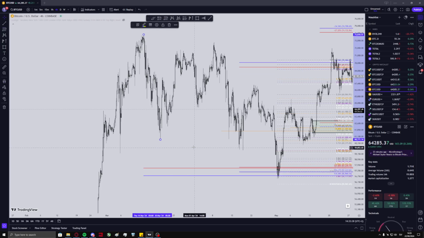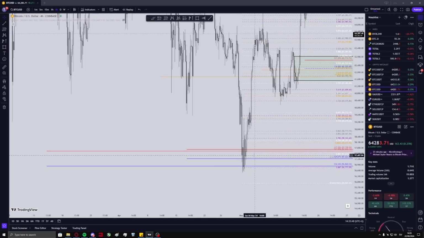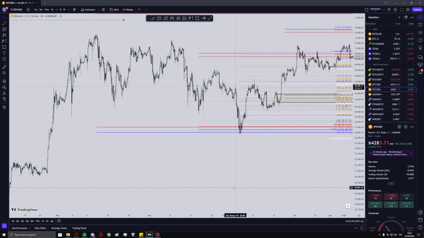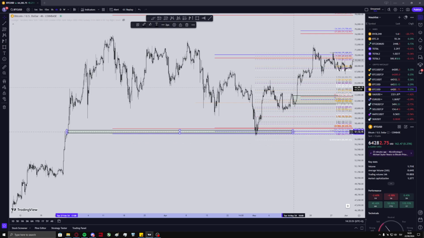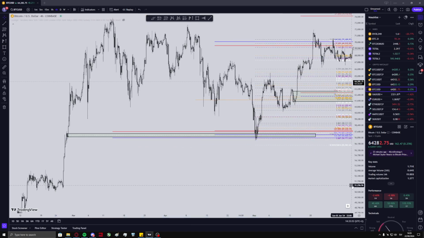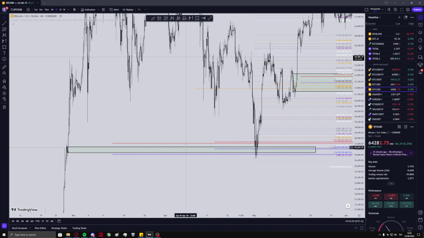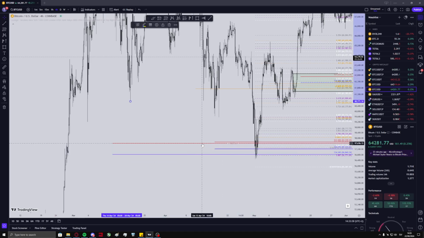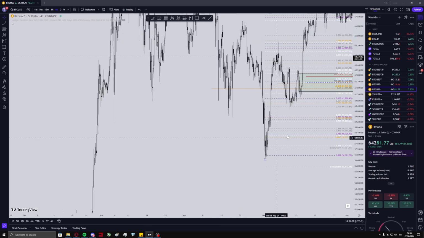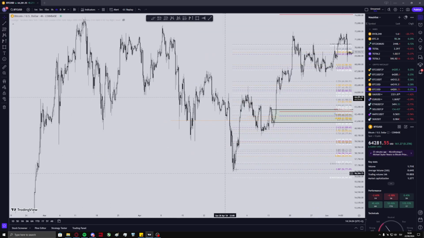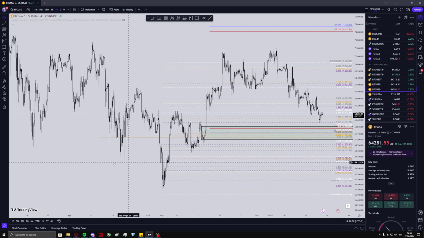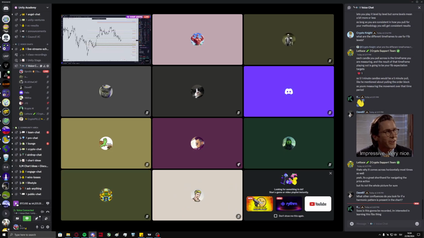Look at this, look how they are in the exact same area. This is not a coincidence why we bounced here, right? You had this order block. So if you were surprised that this was a bounce, well, I certainly wasn't. There are many ways you can find these kinds of reversals.